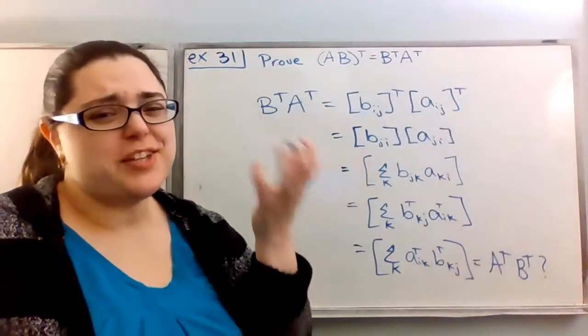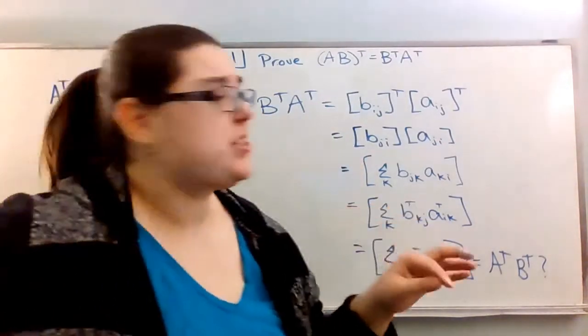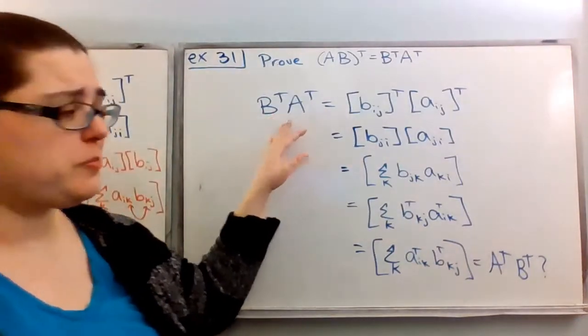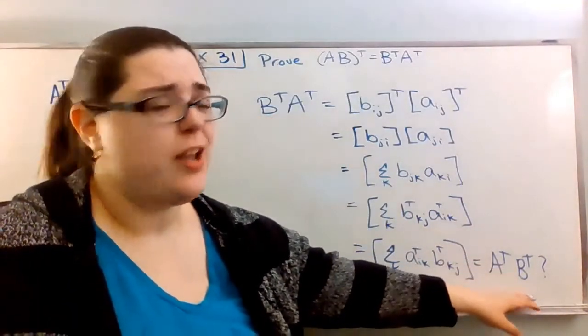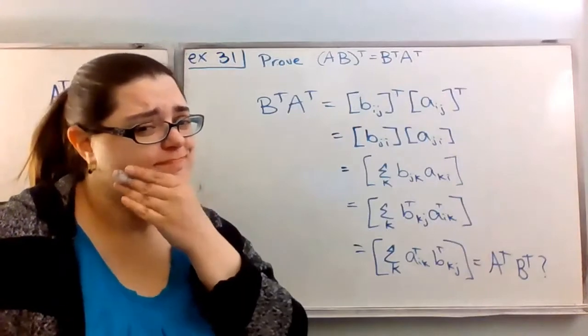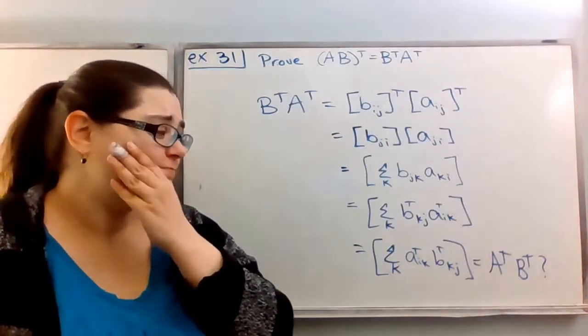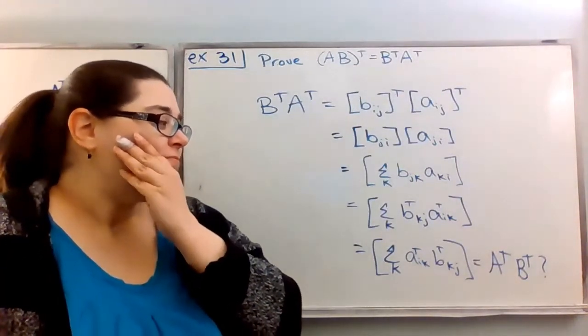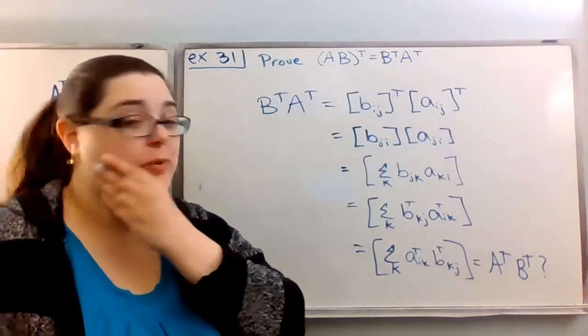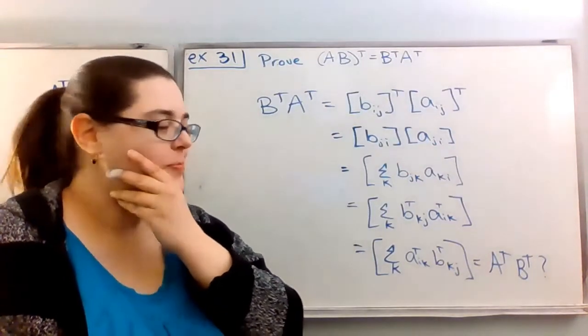And I know matrix multiplication doesn't commute, so I'm really suspicious that B transpose A transpose might equal A transpose B transpose when I'm trying to prove something different. So what the heck is going on here, right?